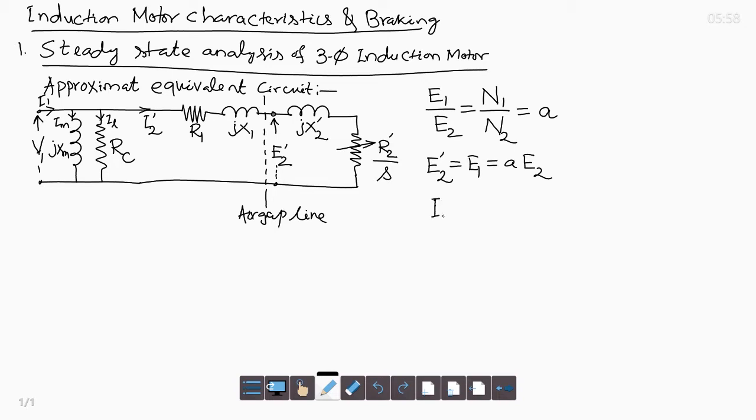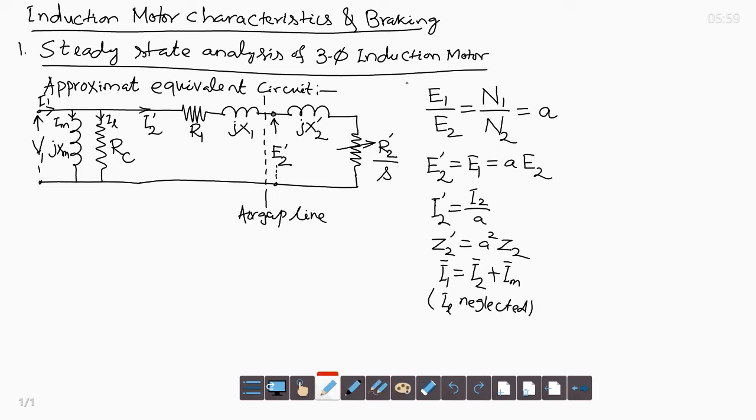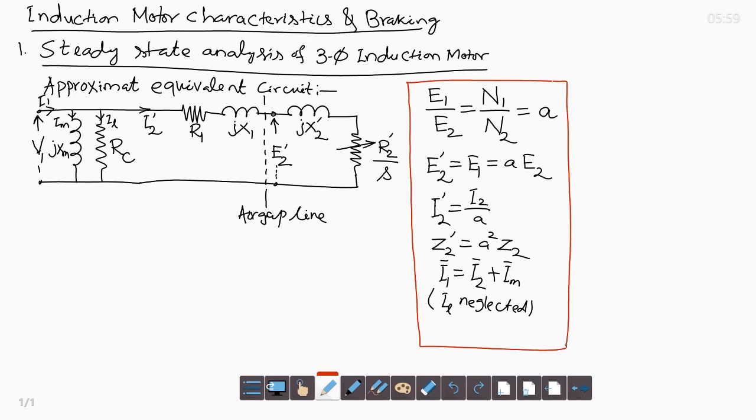Similarly, we have I2 dash, that is I2 by A, and Z2 dash equals A square times Z2, and in the approximate equivalent circuit the stator current phasor I1 is the rotor phasor I2 dash plus magnetizing current IM. IL is neglected for simplicity. So, this is one part.